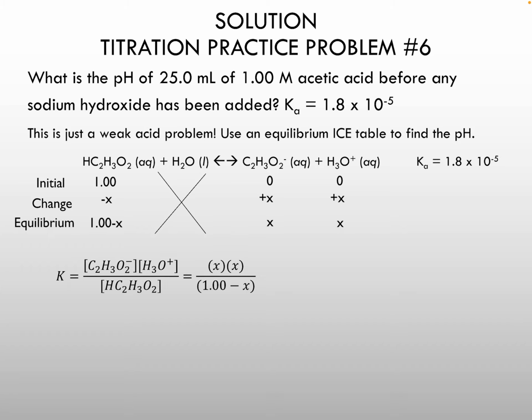Then we can put that into our Ka expression, and then we see that Ka is very, very small, right? We have times 10 to the minus 5, so we can use the approximation here. Typically in this chapter, I won't ask you to check to make sure that it's valid. I'm just going to allow you to use this approximation because all of these weak acids are not going to dissociate very much.